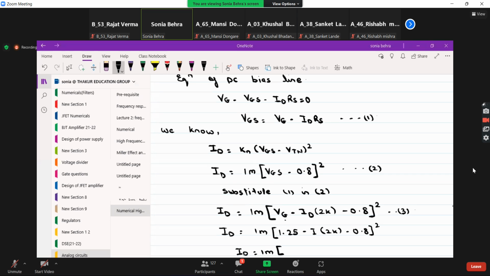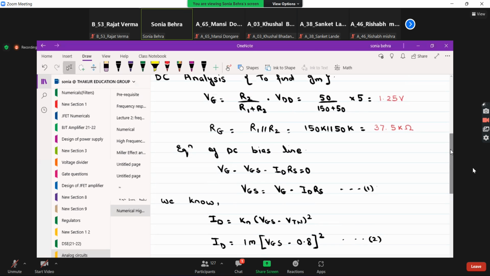Yes, it is right. 1.25 and 37.5. VG and RG have come. After that, what did we do? I am repeating the steps. After VG RG, you have found out the equation of DC bias line. This is VGS is equal to VG minus ID RS.